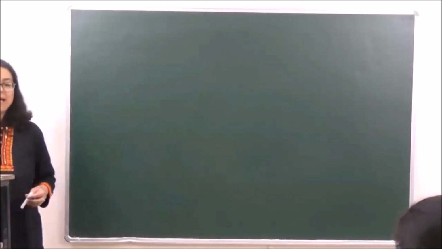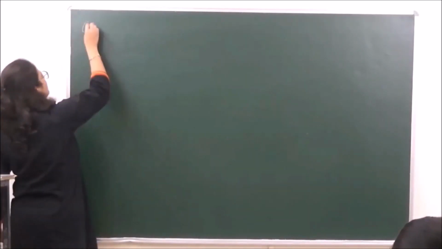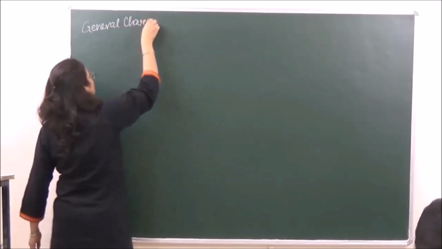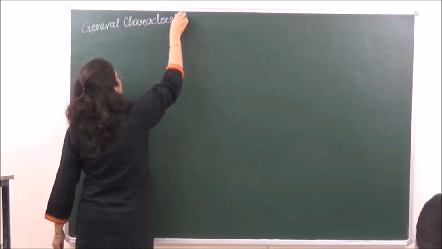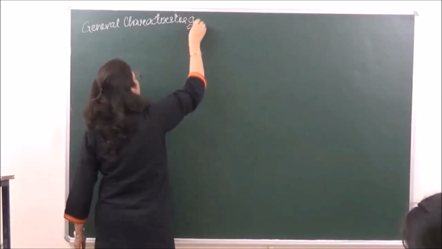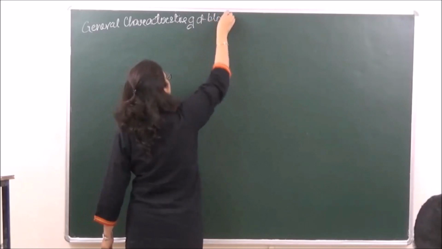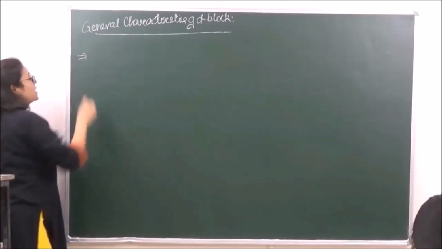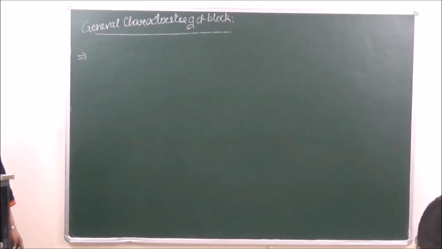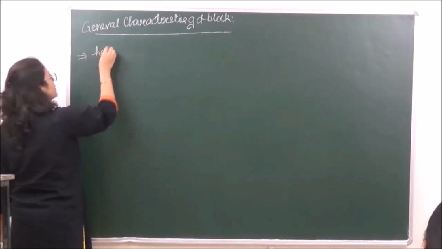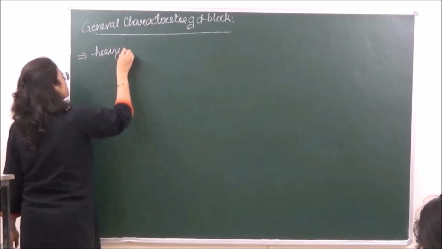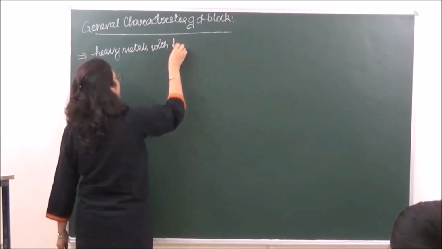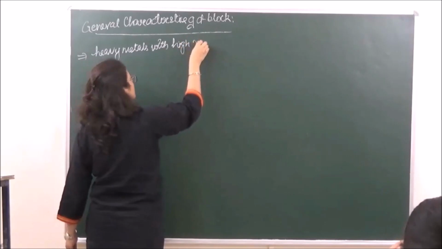Next is general characteristics of D block elements. First characteristic of D block elements is that they all are heavy metals with high melting and boiling points.